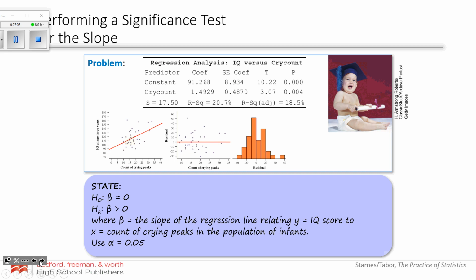So in my hypotheses, what symbol am I using here? Beta. It's not a trick, I just swoop up and make a B like that, that's how I make my beta. But if you just do a capital letter B, do you think you're going to lose credit? Yes, you will. So it's beta.